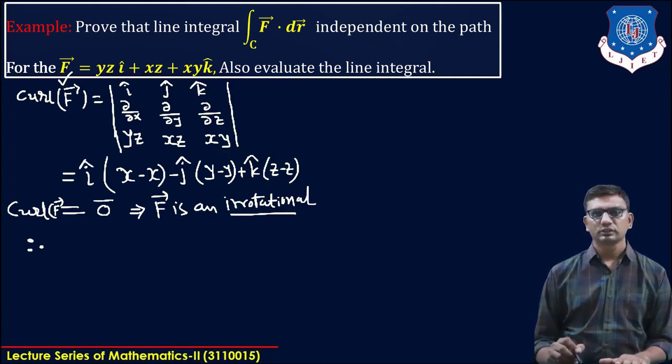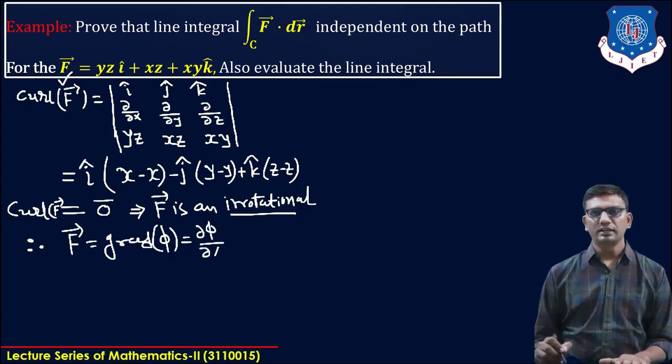Therefore, f bar is equal to the gradient of some function phi, where phi is a scalar potential of f bar. So it is compared with del phi by del x i caret plus del phi by del y j caret plus del phi by del z k caret.